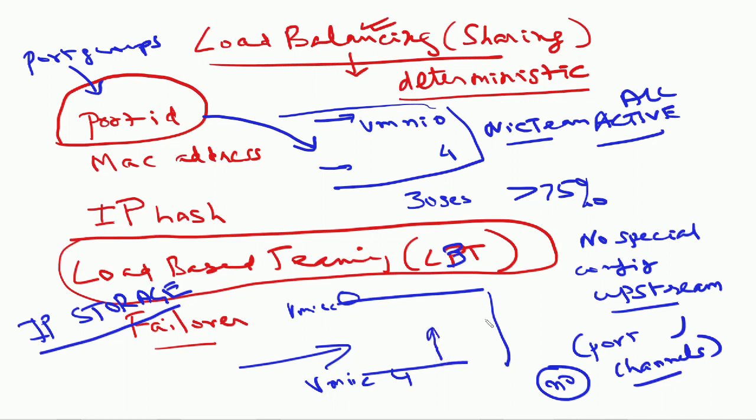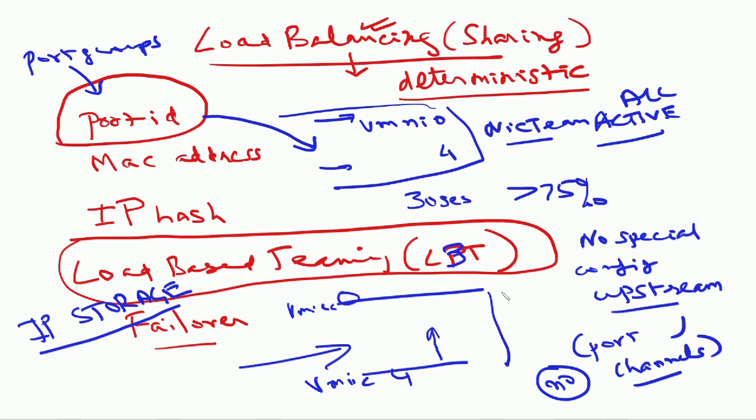So at least coming out of the ESXi host, although you are switching traffic occasionally when the bandwidth is very constrained on one given physical link, there are no special upstream configurations required.